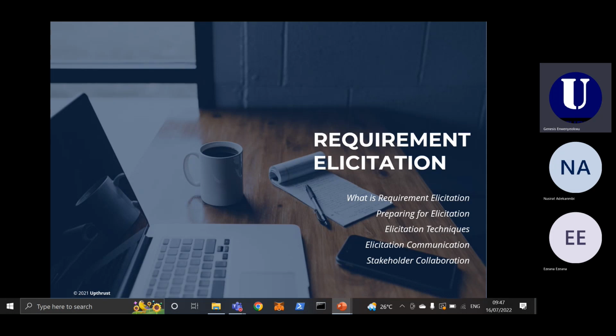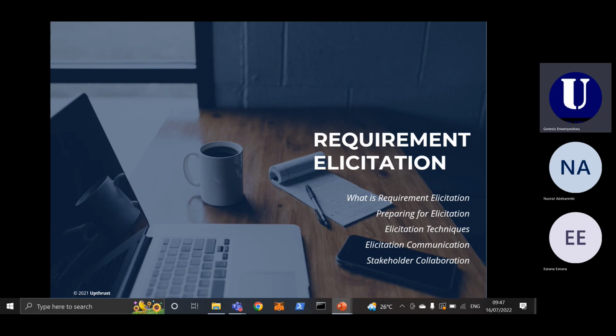Requirement gathering has to do with gathering and capturing requirements from every place. But requirement elicitation goes deeper to talk about discovering requirements from places you don't even expect to discover them.